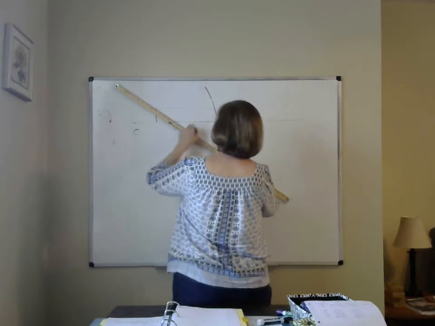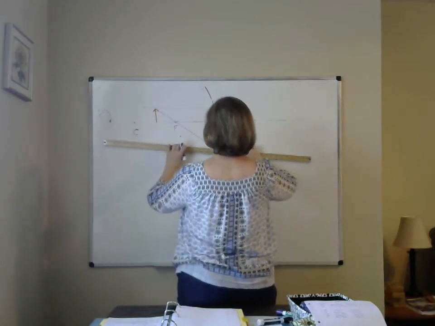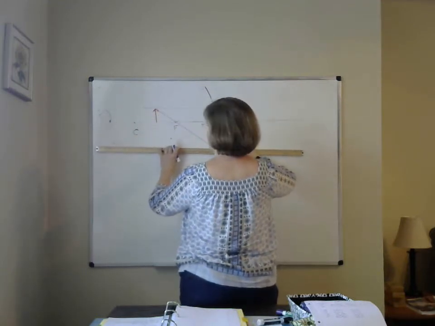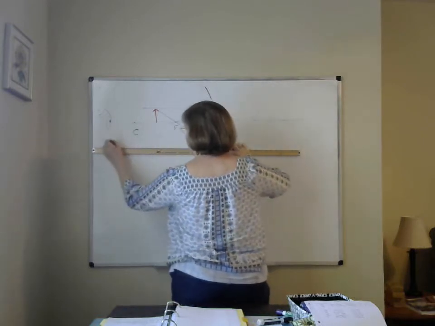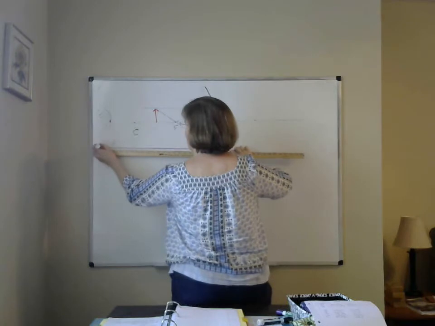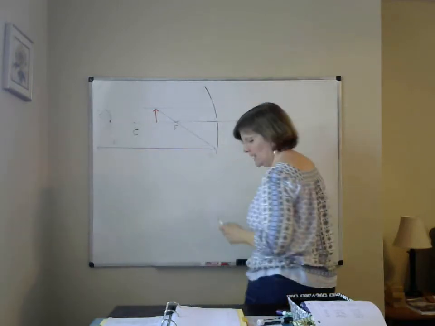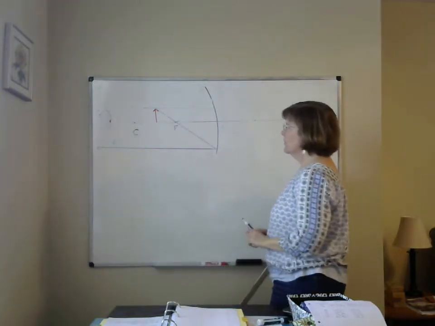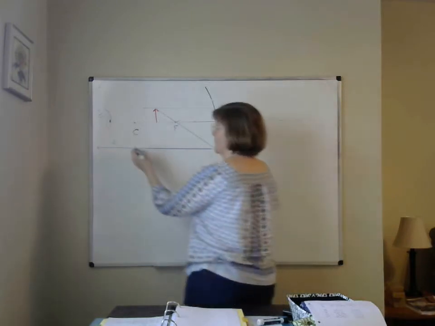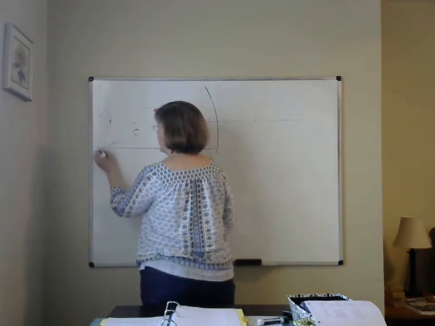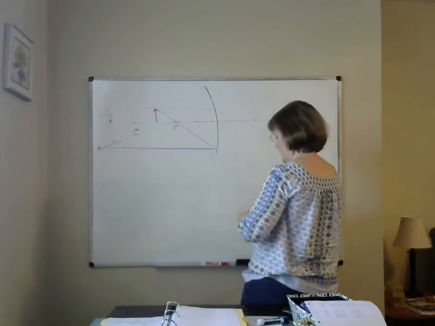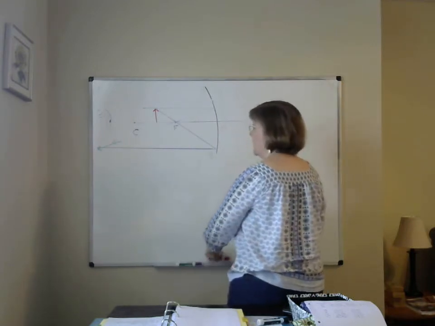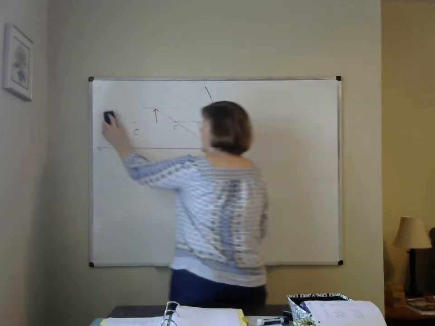I don't know if I left enough room. I may have to move my object or something. Probably just barely. It will also reflect back parallel. You can see my green ray and my purple ray meet here. Before, it looked as if they met back here. Now, I probably need to have my person back up a little bit.